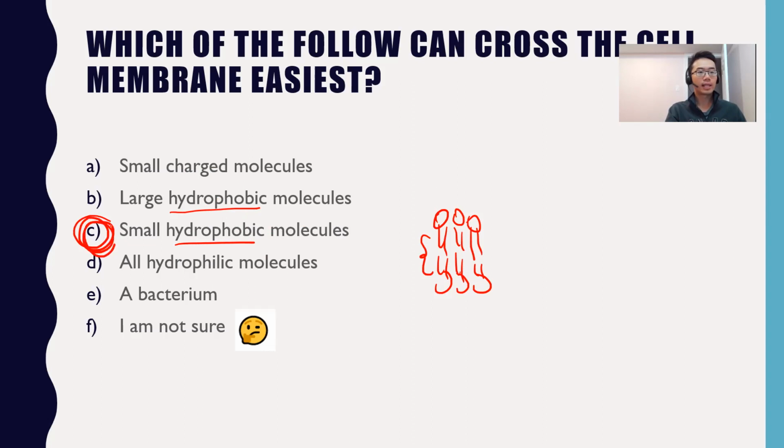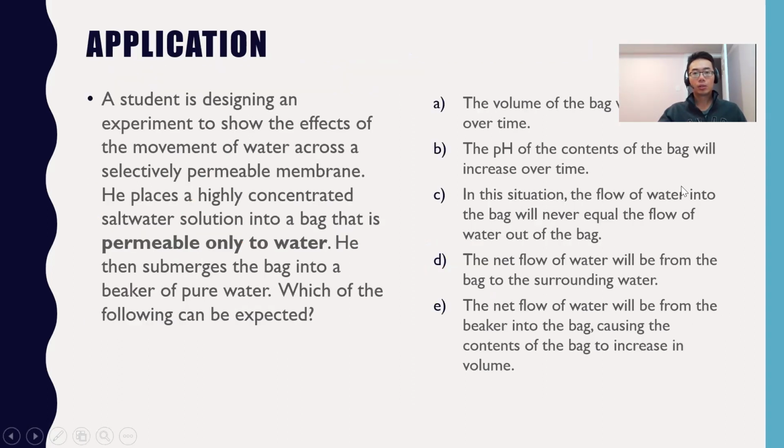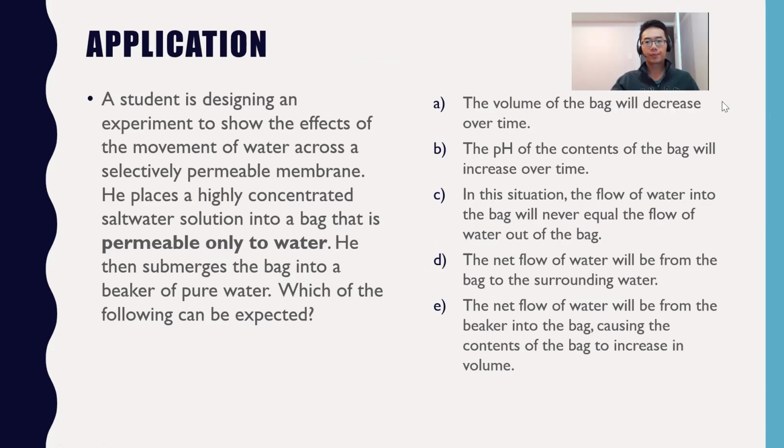So the correct answer is C. If it's charged, it won't be able to cross easily because charged particles don't interact well with hydrophobic substances, and the membrane has a thick hydrophobic middle layer. All right, let's see. Okay, this one is very, very hardcore. You can try to do that.